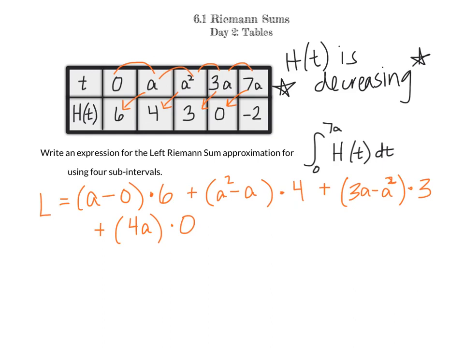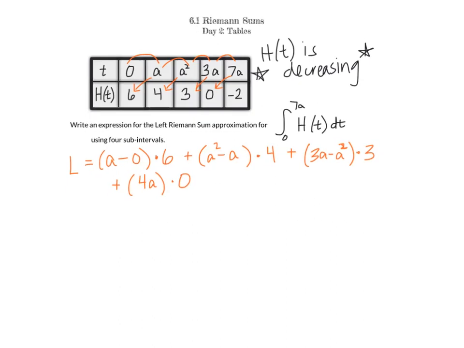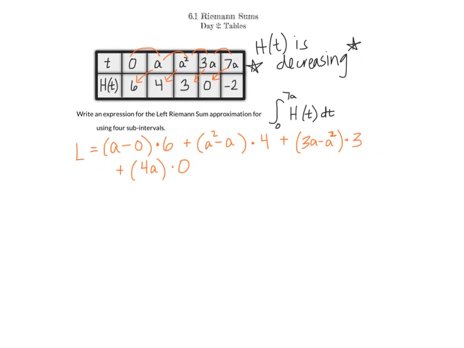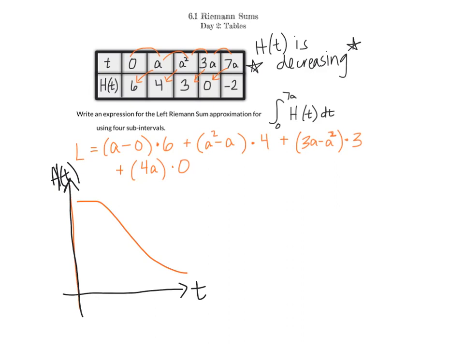The reason that I talked about this being a decreasing function is if we were to plot something that was decreasing, h of t, just some random function that was decreasing, and we were to do the left Riemann sums.